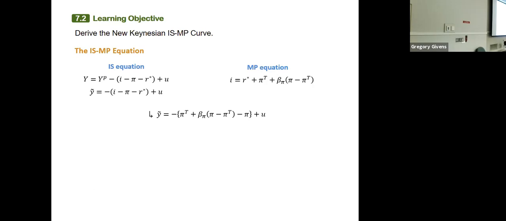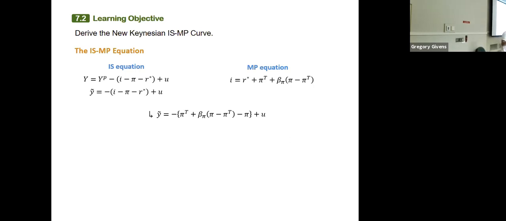And if we do that and then plug the result into the IS equation, what do we get? We get that the output gap is equal to the negative of what? I minus R star, that is equal to, from the monetary policy rule, target inflation plus beta pi times the inflation gap. And then we can't forget about our minus pi in the IS equation. And then we also can't forget about our demand shock, U.